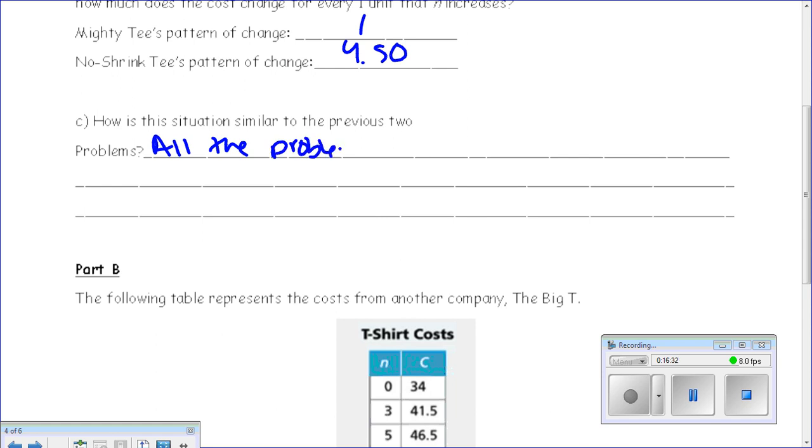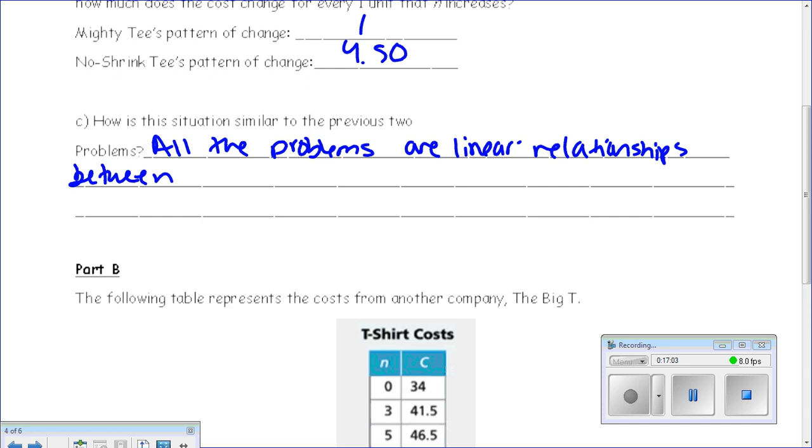All the problems are linear relationships. What does a linear relationship have? It has a constant rate of change?